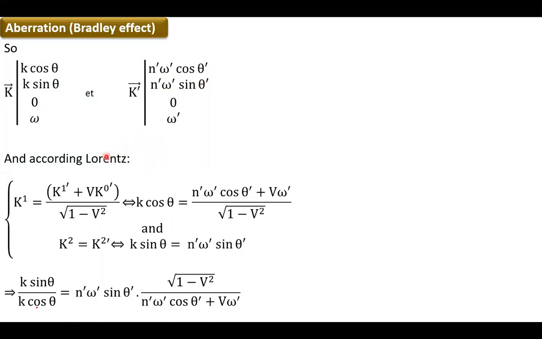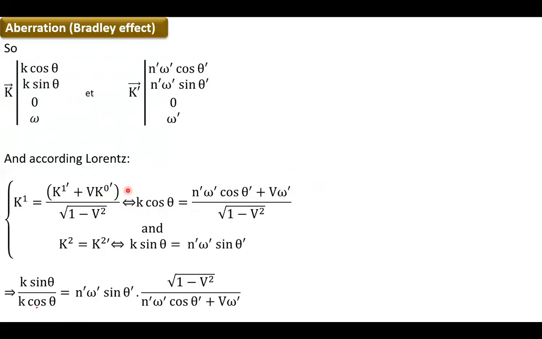So if we consider the Lorentz transformation on K1, K1 is K1 prime plus V K0 prime over the radical of 1 minus V squared. K1 is K cosine theta, and K1 prime is N prime omega prime cosine theta prime plus V. K0 prime is omega prime over the radical of 1 minus V squared.